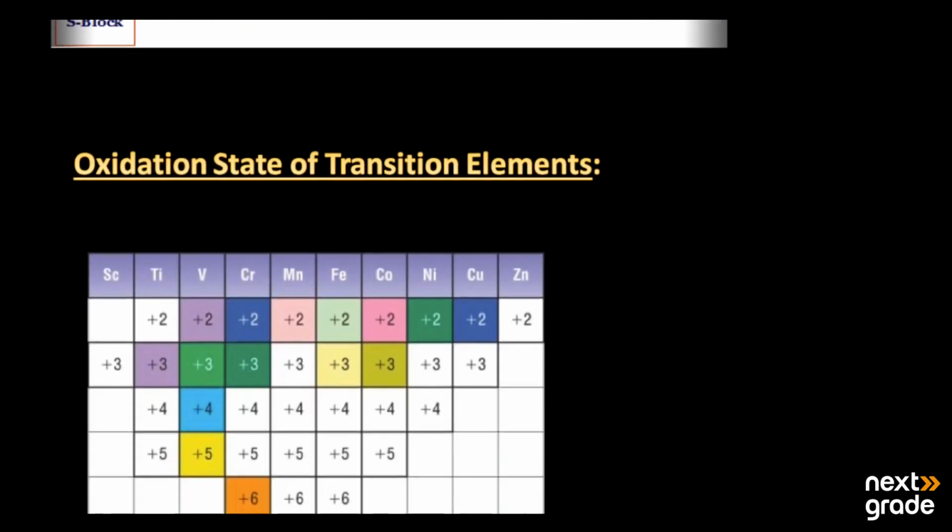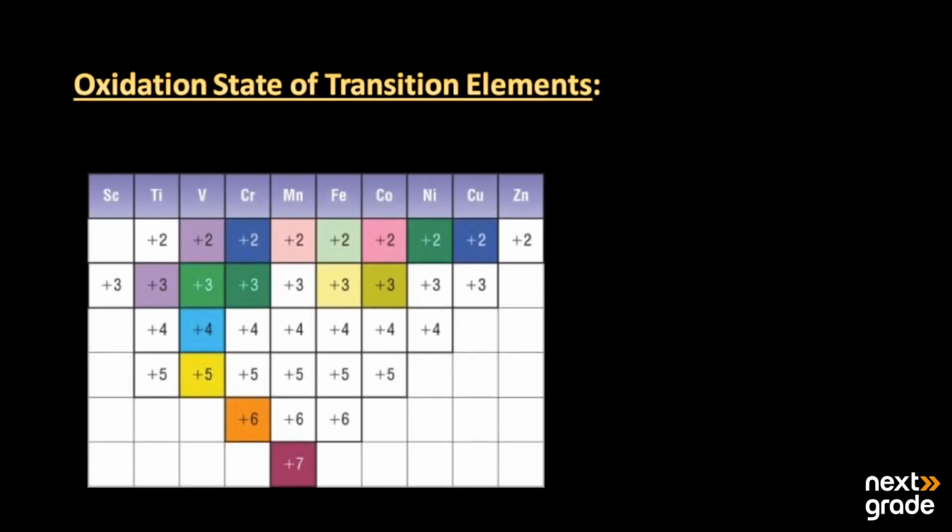Then we have the oxidation state of the transition elements. Basically, the oxidation state of transition elements varies. Why does it vary? Because when we have a look at iron, it may have the oxidation state +2, +3, +4, +5, and +6. So iron may have all these oxidation states.